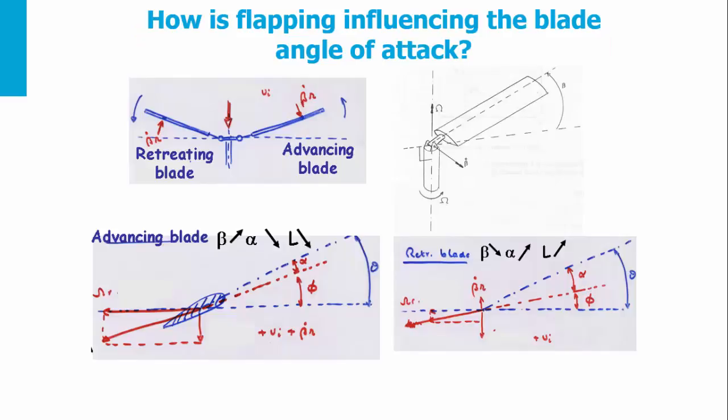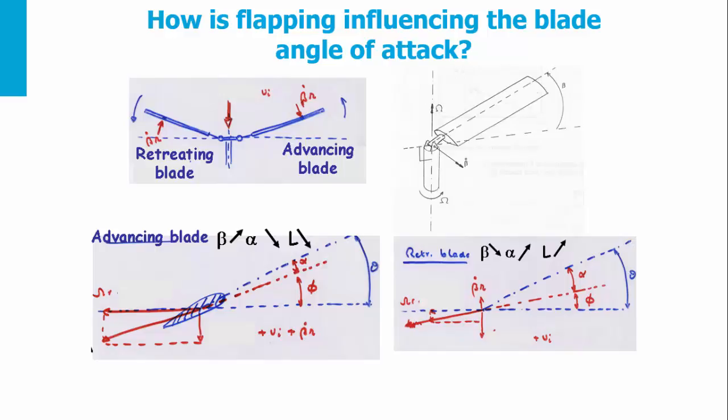How is flapping actually influencing the blade angle of attack? The idea is that if the blade is flapping, the advancing blade has a velocity beta dot r, and the retreating blade also has an opposite velocity beta dot r.